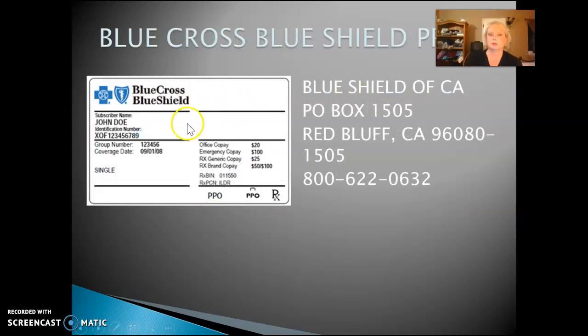When you see that combo type of insurance card, their claim address you will send to Red Bluff. You can see here there are some different copay amounts depending upon where you're going. If you're going to the office, it's 20. If you end up in the ER, it's 100. And again, here's that RX bin number if you have to do a pre-authorization for a prescription on covermymeds.com.